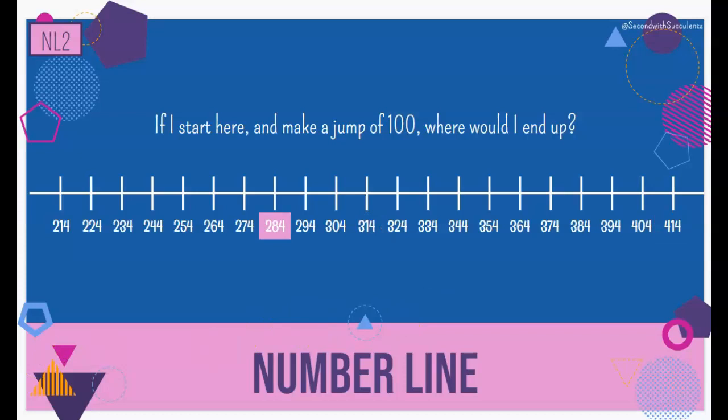Now if I start here at 284 and make a jump of 100, where would I end up? If you were thinking again about Kangaroo and her big jumps of 100 and you were thinking 384, good work. I think our brains are nice and warmed up to play a quick round of Guess My Number.